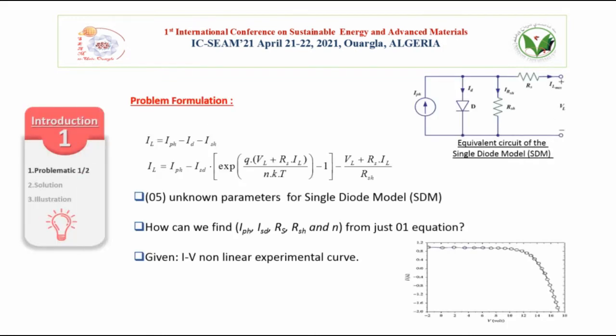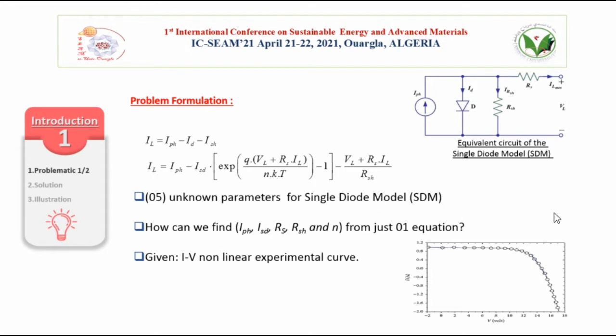So the problem is that we are going to find the parameters of the photovoltaic model. Actually, the photovoltaic model can be represented with this equivalent electrical circuit, which is named the single diode model. The single diode model can be represented by this mathematical equation.